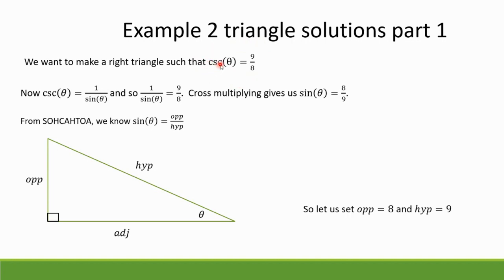I don't know the definition of cosecant off the top of my head, but we do know cosecant is 1/sine. That's one of our identities. So what we really have is 1/sine is 9/8.